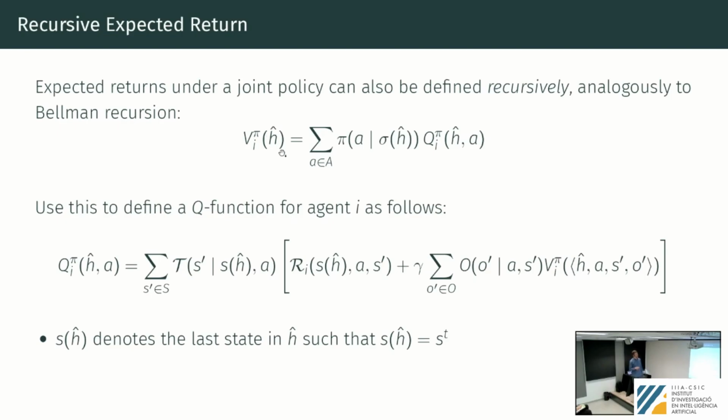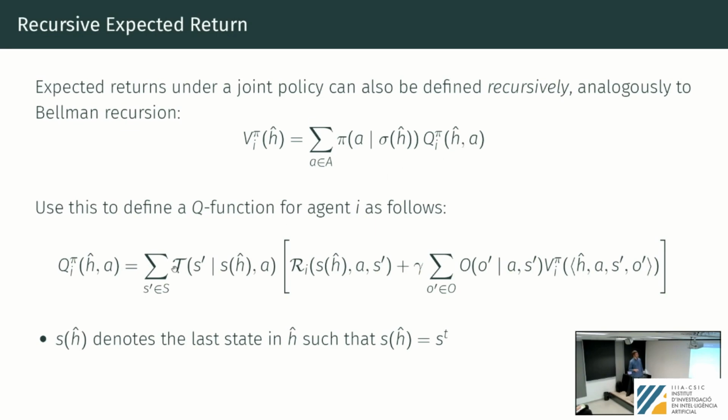And we use this because there will be a recursion. And all you do is, at this point, building on that history where we currently are, you sum over all the possible actions you could do. You take the probability of a particular joint action under the given joint policy, and then you recurse into the Q function by basically adding that joint action on top of the history that we've seen so far.